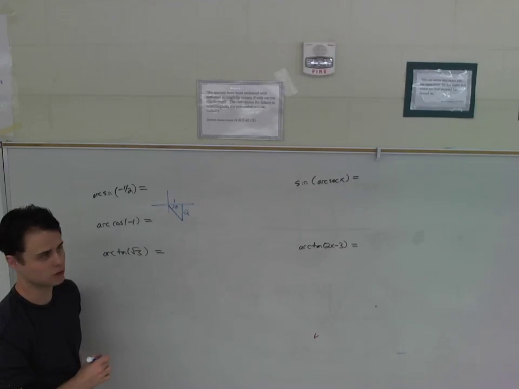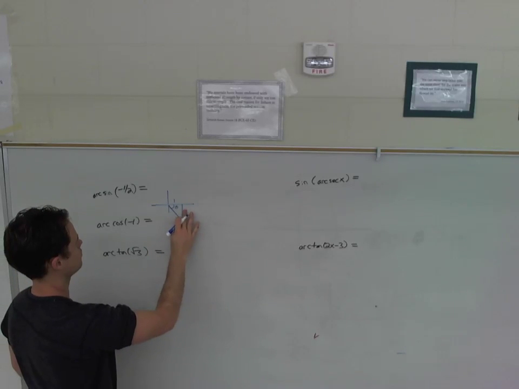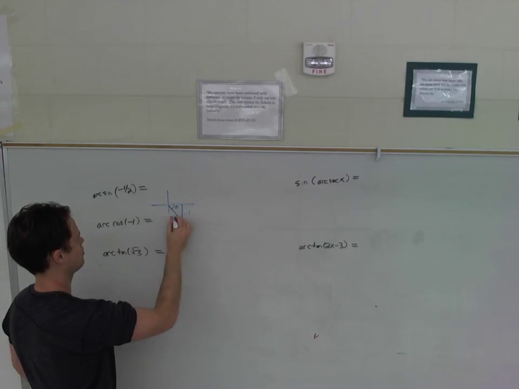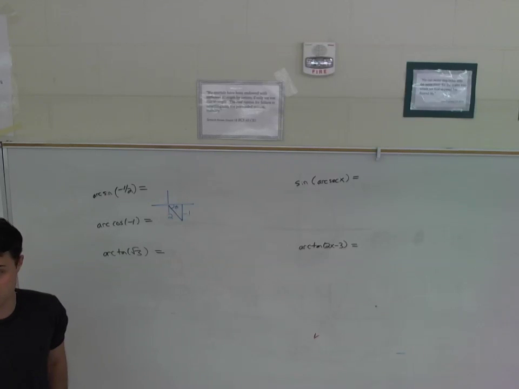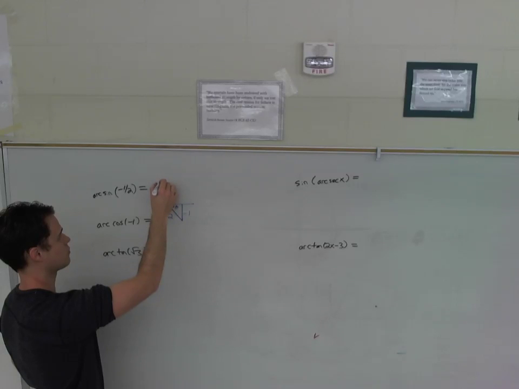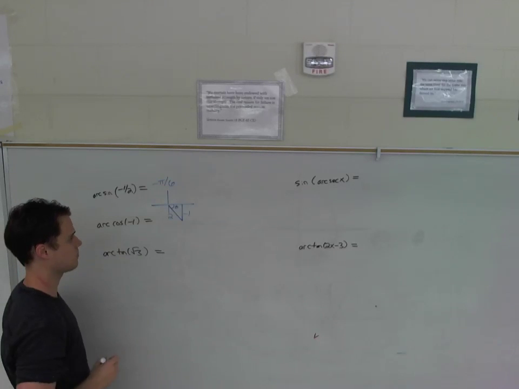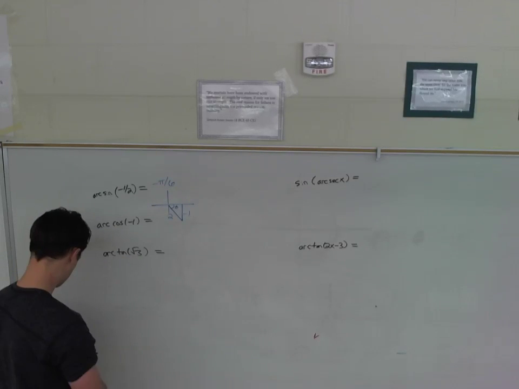What is that angle? 30 degrees, and in that quadrant, negative 30 degrees, which is negative pi over 6.